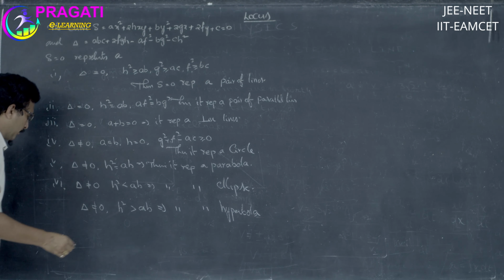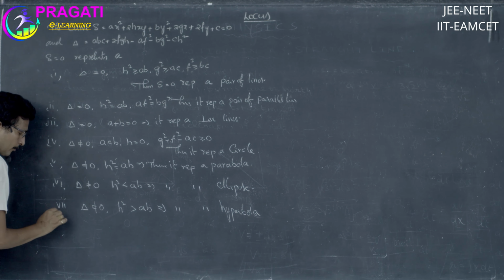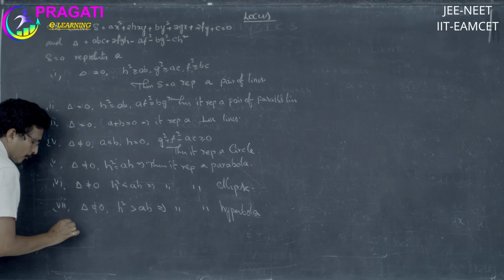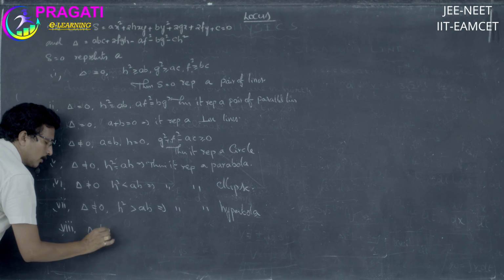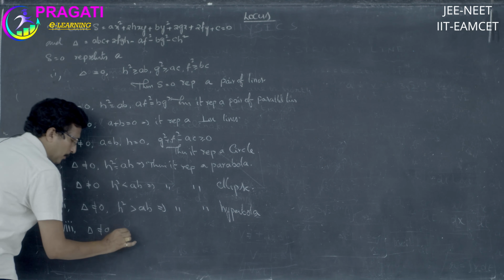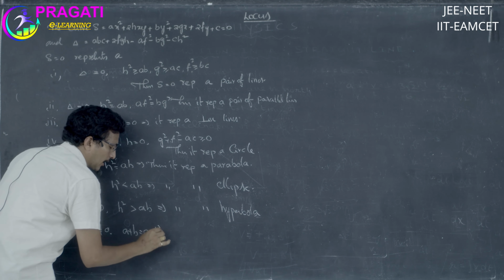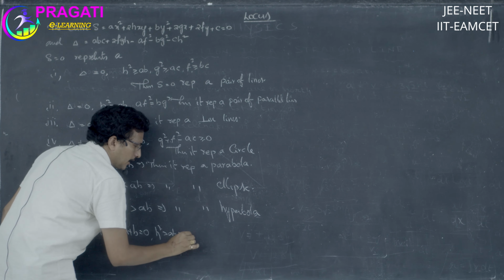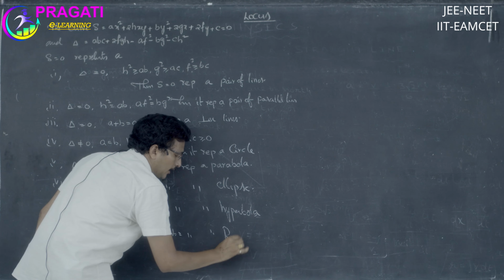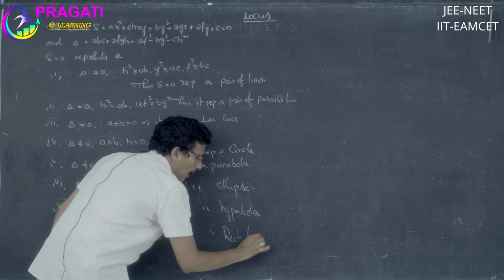Okay, students. And one more condition is delta not equal to 0 and a plus b equal to 0 and h square greater than ab, then it represents a rectangular hyperbola.